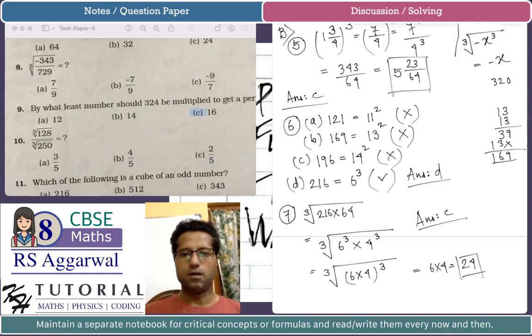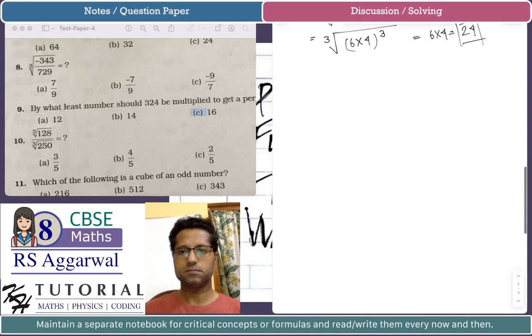Okay. Let's do problem number 8. We have to find the cube root of minus 343 divided by 729.